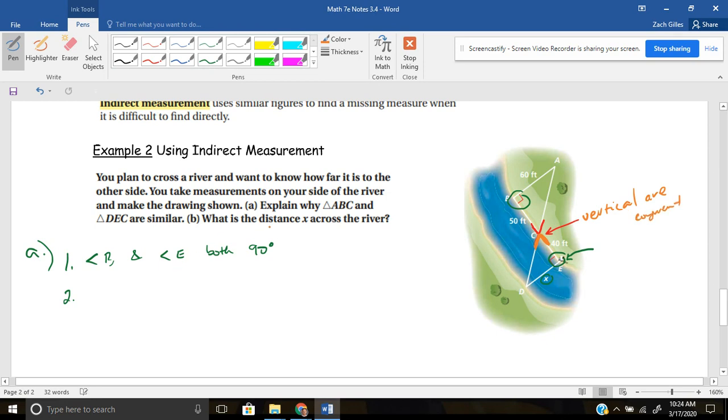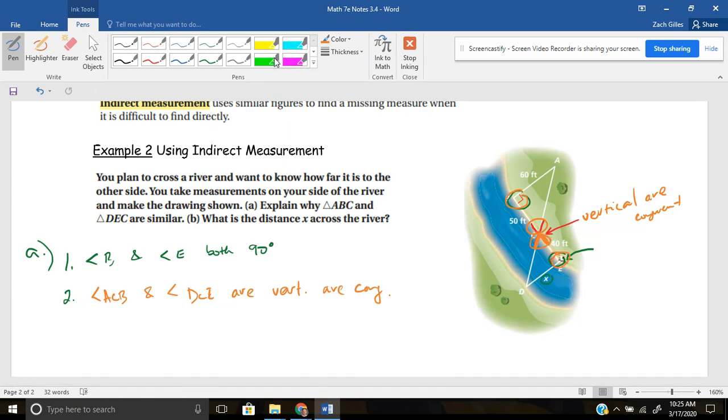So we can say that angle ACB and angle DCE are vertical angles, and vertical angles are congruent. So we know that these two angles are the same and these two angles are the same.